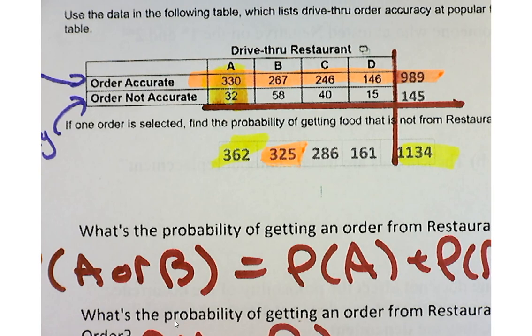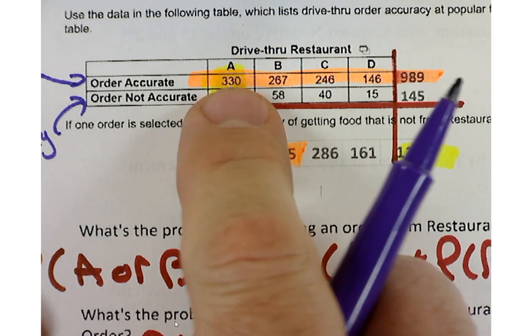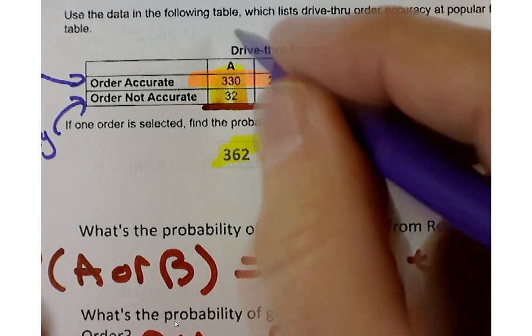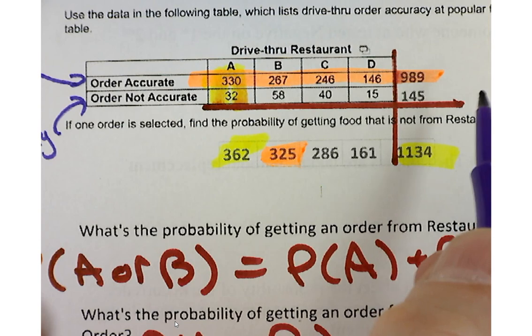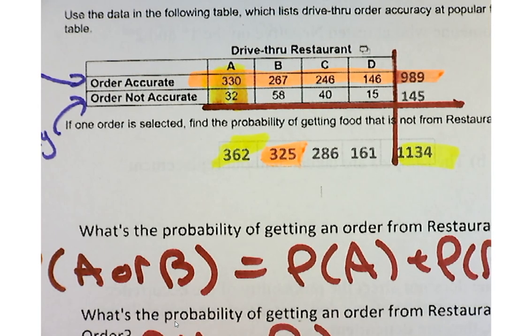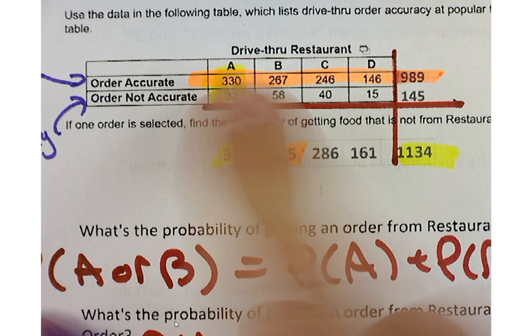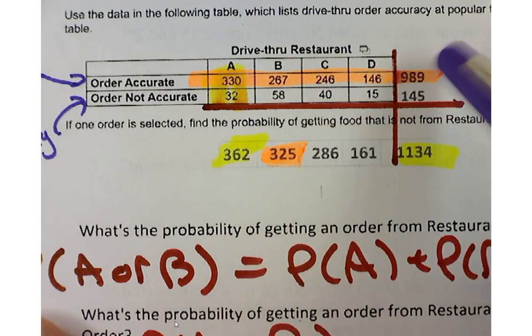And if you notice, something happened right here. You're counting these people twice, right? You counted them once going down, you counted them once going across, so there's a double counting. So we gotta take care of that. And the way we take care of that is we subtract what that is. And that's the intersection of A and R.